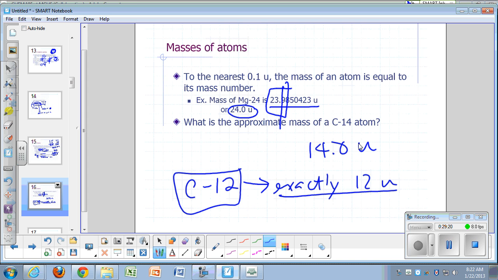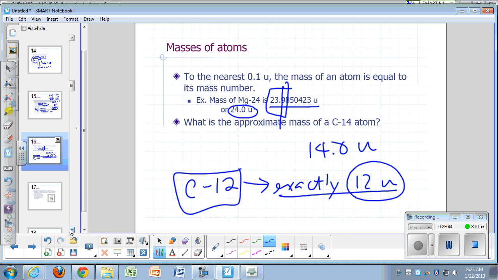And carbon-12, by the way, is the only atom that's defined to have an exact mass. An atom of carbon-12 is defined to have a mass of exactly 12 atomic mass units. So that's a standard, so it's agreed upon. All the other atoms, to the nearest tenth of an atomic mass unit, it's whatever the mass number is, okay?